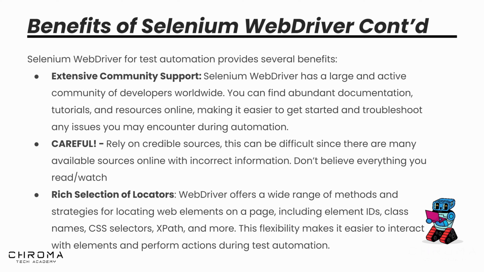Rely on credible sources. This can be difficult since there are many available sources online with incorrect information. Don't believe everything you read or watch. Okay, this is the problem with open source tools. Anyone is posting any sort of information, and you'd be surprised how much incorrect information is out there on YouTube and on Google.